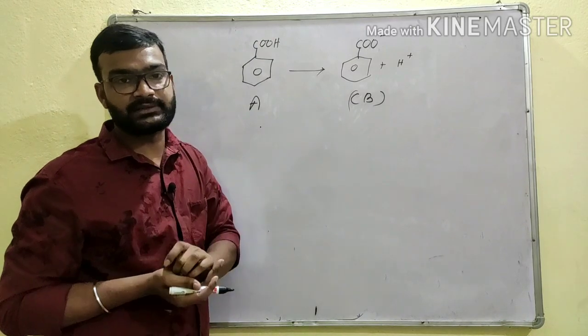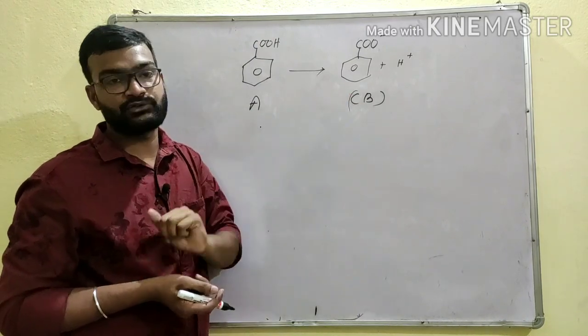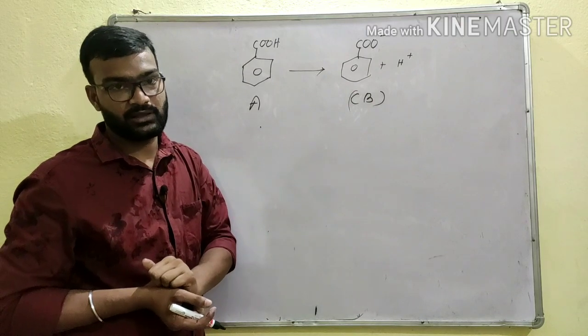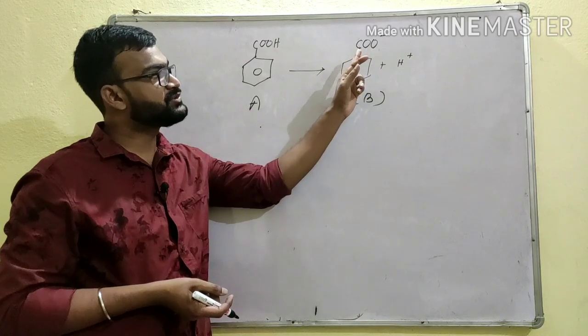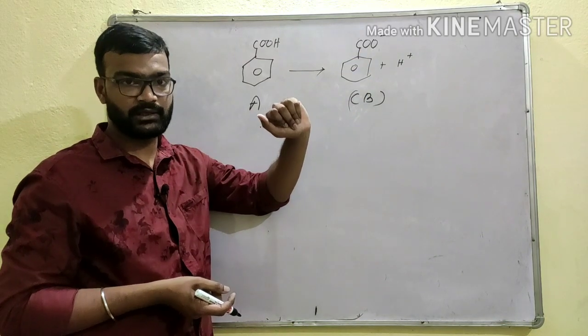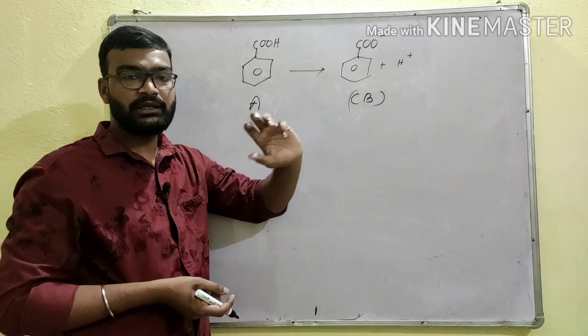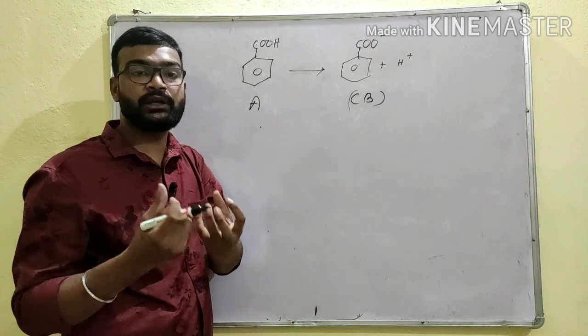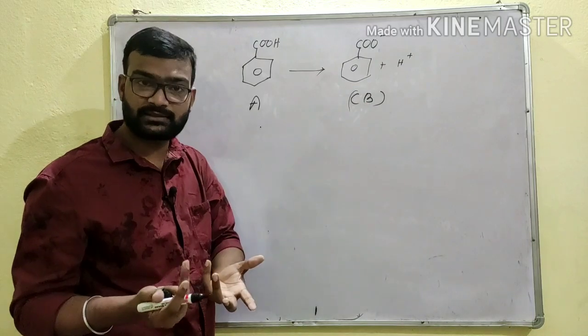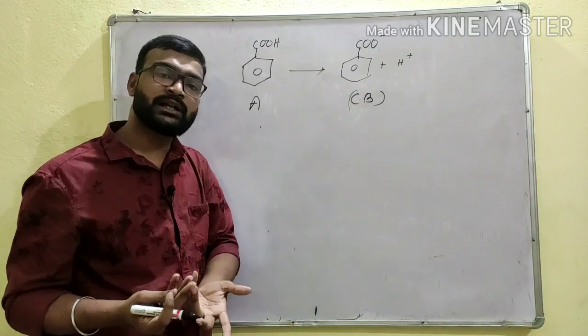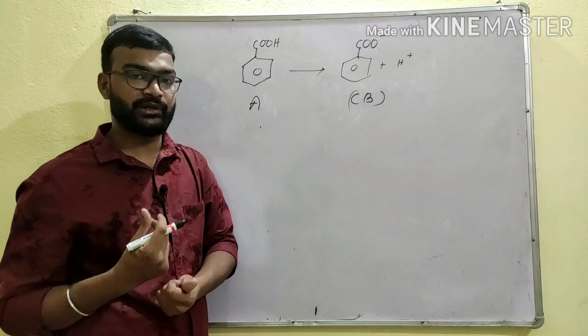Okay, now the question is, how can you stabilize this conjugate base? Now as you can see, there is a negative charge on the oxygen atom of the conjugate base. So if we withdraw that negative charge, the conjugate base will be stabilized. How can we do that? By attaching an electron withdrawing group.